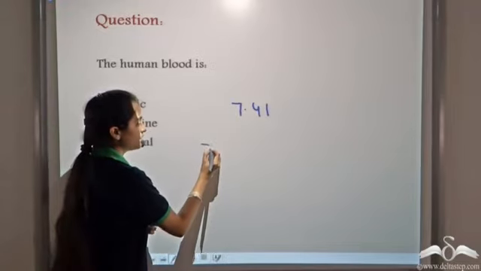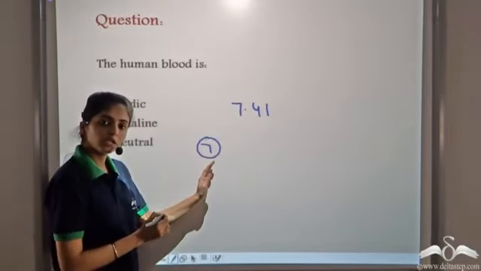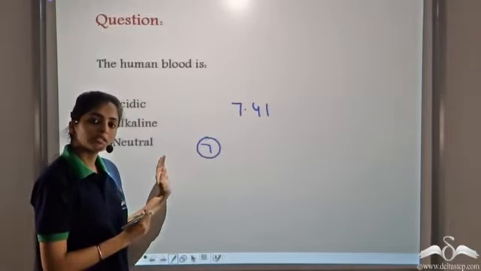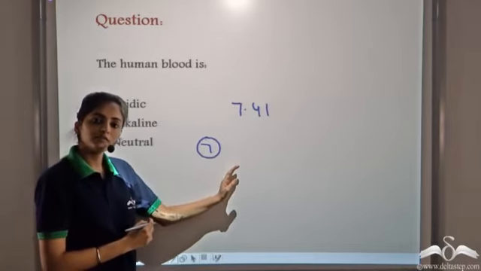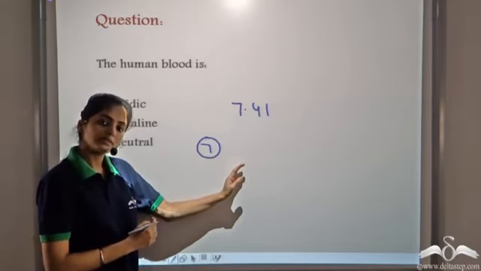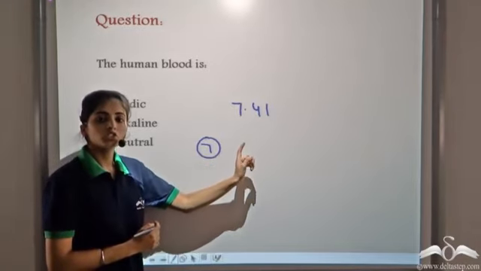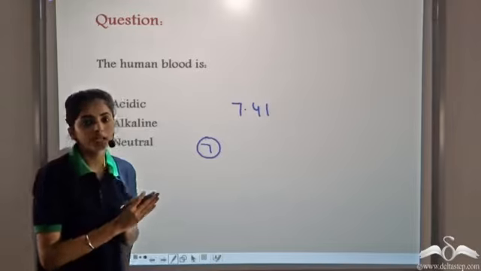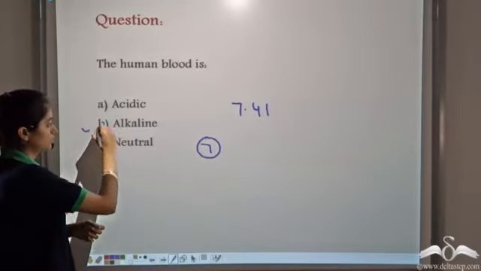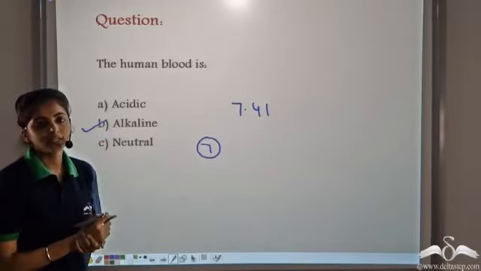A pH of 7 is considered to be neutral. Below 7 it is acidic, and above 7 it is alkaline or basic. Since 7.41 is slightly above 7, it is slightly alkaline or slightly basic in nature. So human blood is slightly alkaline.